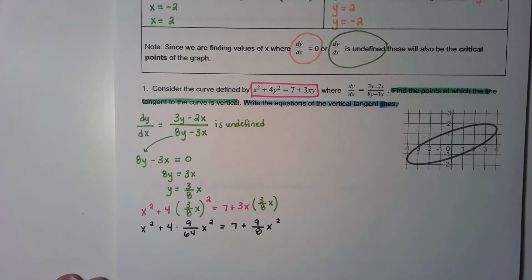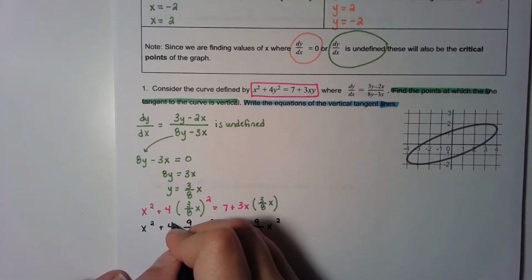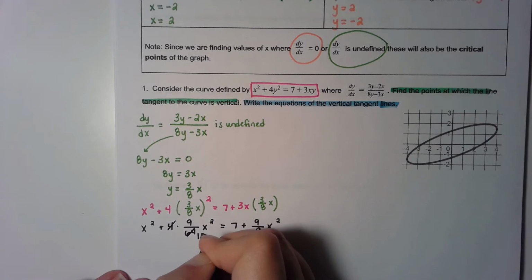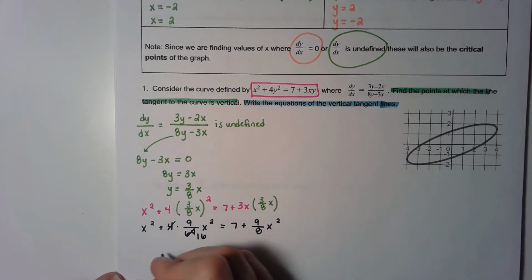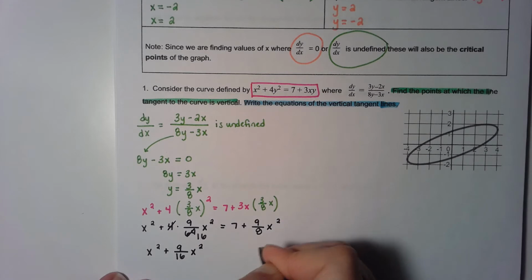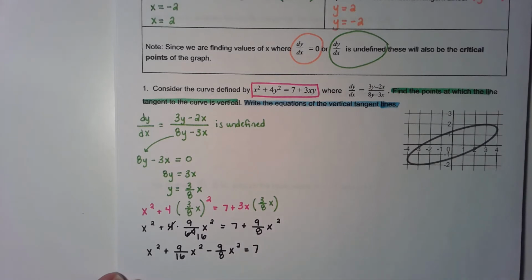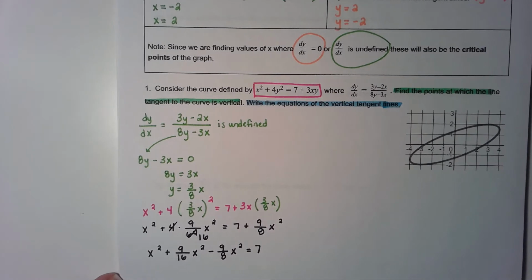Now you'll notice everything here has x's now, and I can group them all together. Let me just simplify this. 4 and 64 simplify to make 16. So I'm going to have 1x squared plus 9 over 16 x squared, and I'm going to move the other x squared to this side. So minus 9 over 8 x squared equals 7. Now, in order to add these fractions together, I'm going to need a common denominator.